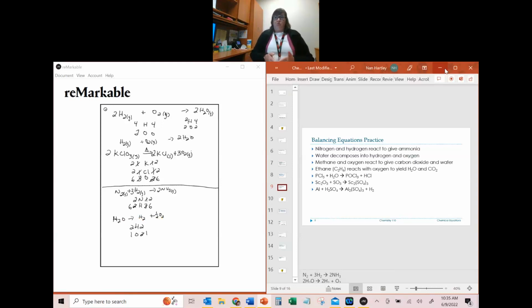At this point, there is no reason that one is more acceptable than the other. It's our preference to use whole numbers, not fractions, just because it's more aesthetically pleasing, but that's all it is. It's just a convention. Okay. So questions, comments, problems on that? I hope not. That will take us through balancing those two.